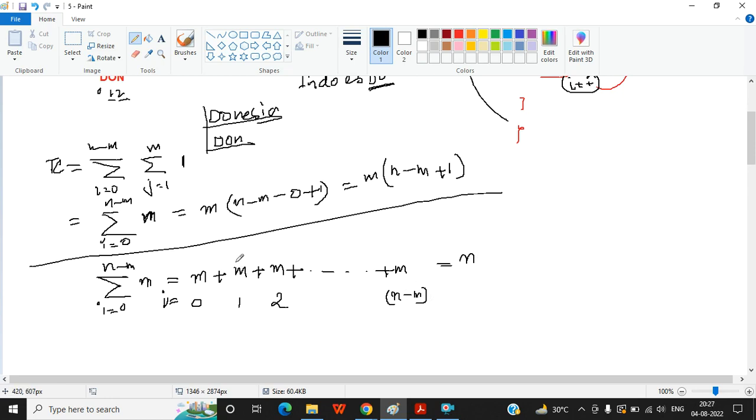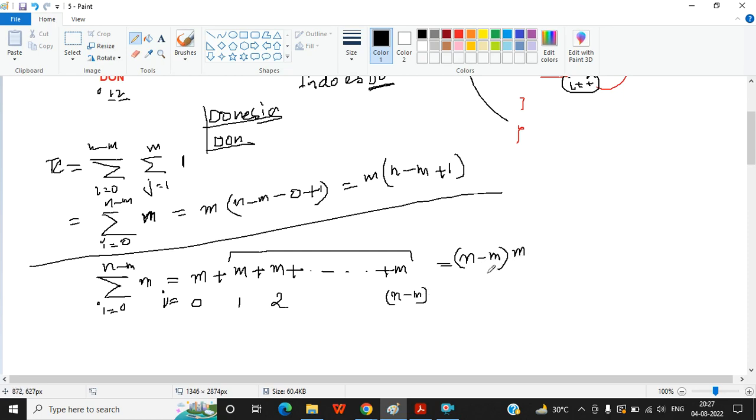So I can say, see from here to here, how many number of m do you have? n minus m number of times. So I can write n minus m of m, starting from 1 to n minus m.